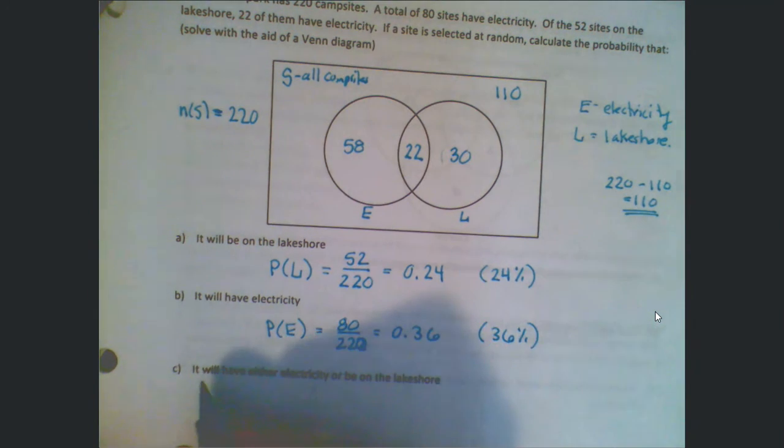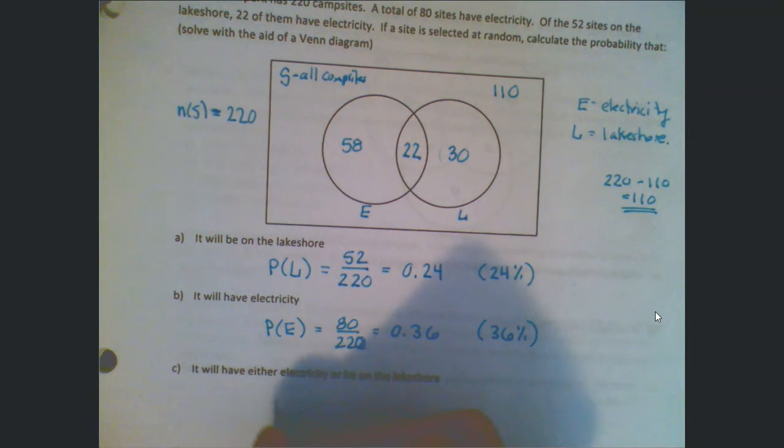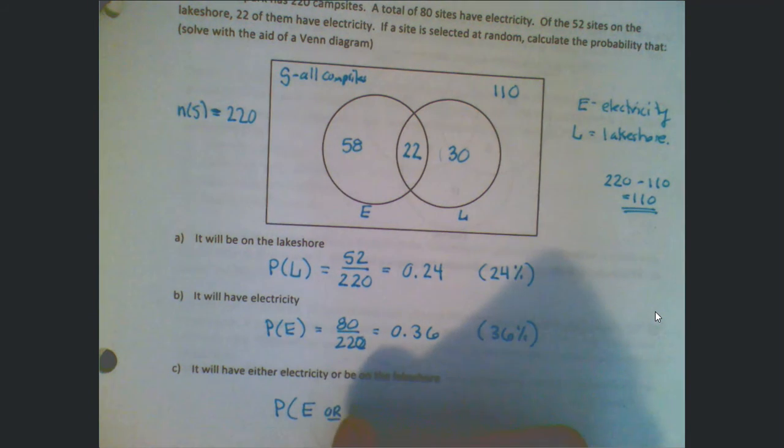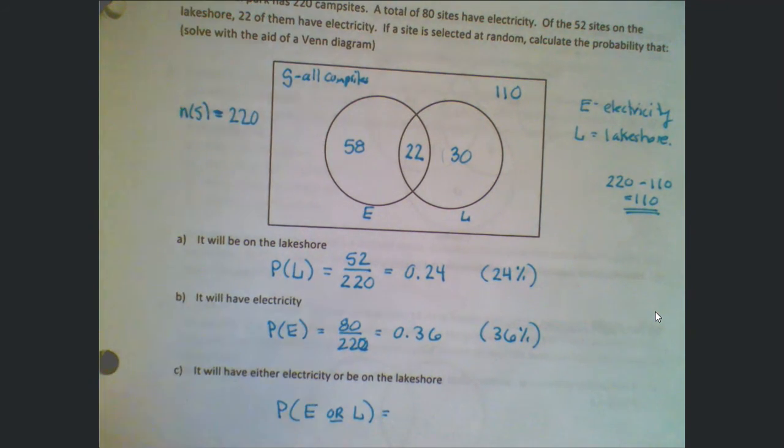Now let's say it says it will have either electricity or be on the lakeshore. So the probability that it will have electricity or be on the lakeshore is, there's a couple ways to do this.